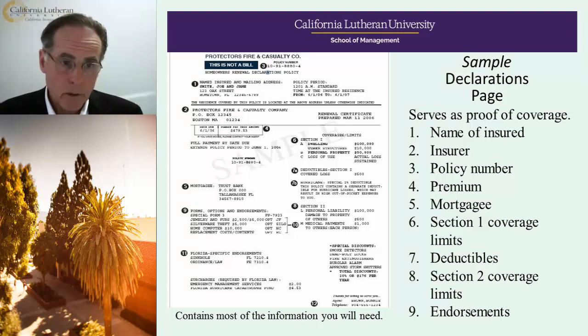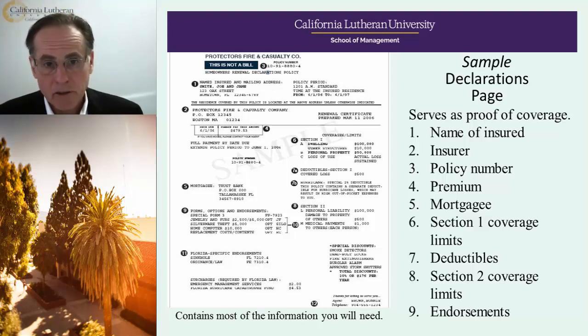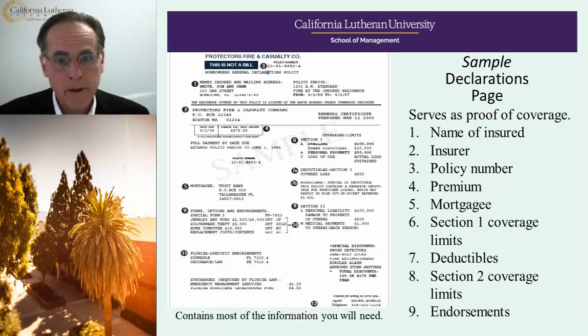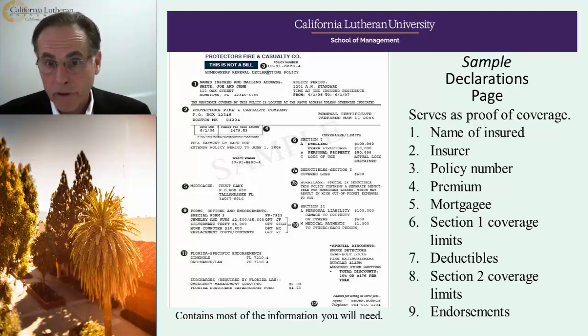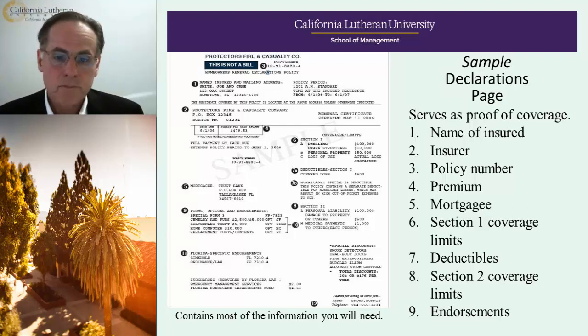5, who's the mortgagee in this case. 6, you can look at the coverage limits. The dwelling has 100,000, other structures at 10,000, personal property at 50. That's pretty standard, right? And loss of use, actual loss sustained. So that helps you understand the amount of coverage, right? 7, we'll look at the deductibles. 8, coverage limits, and 9, endorsements.